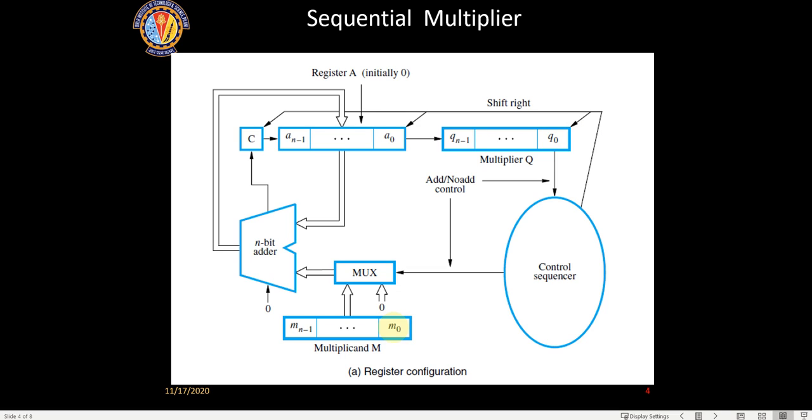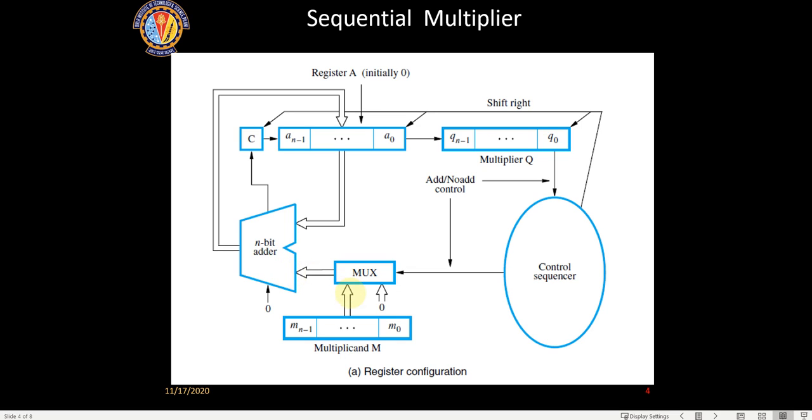So, we don't need multiplicand after the first cycle. No, multiplicand will be required, because each cycle it will keep checking whether it is 0 or 1. Multiplicand will always be required. But we are directly adding it to the previous.